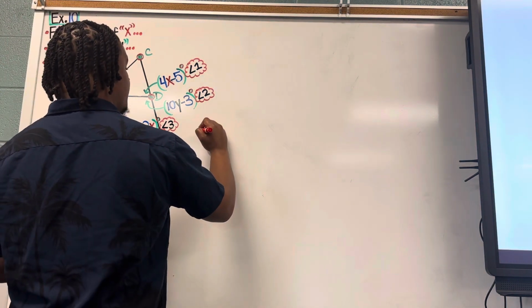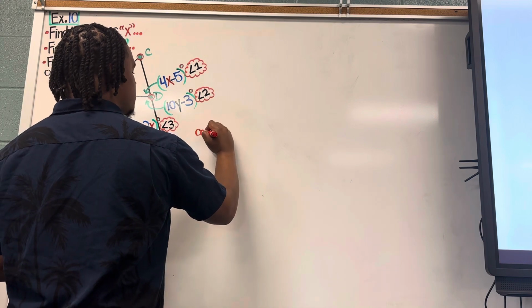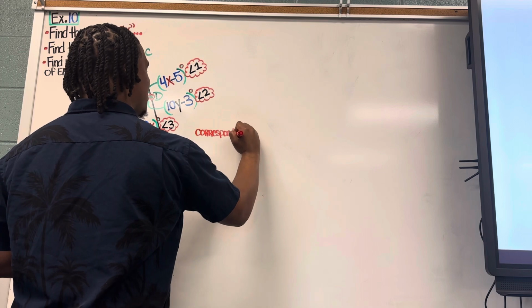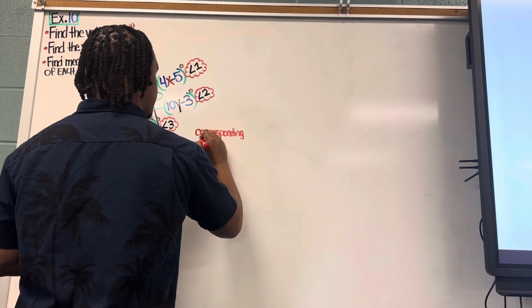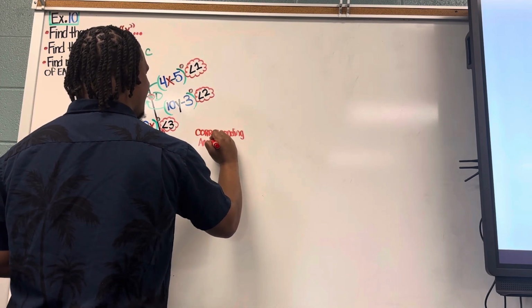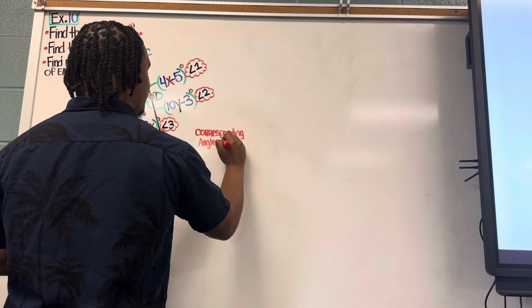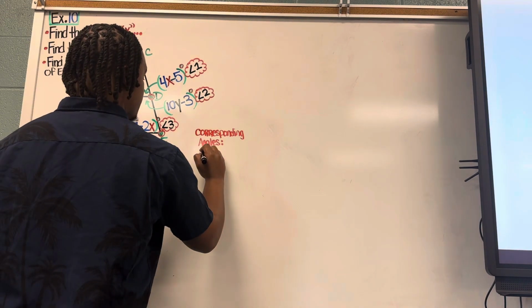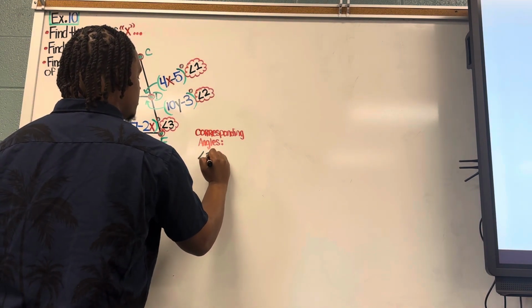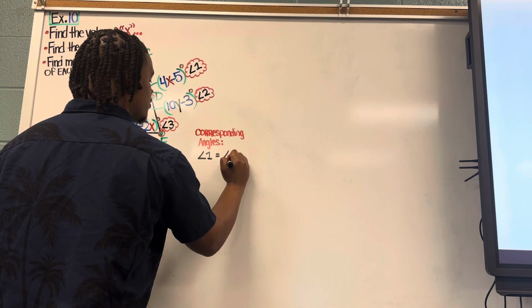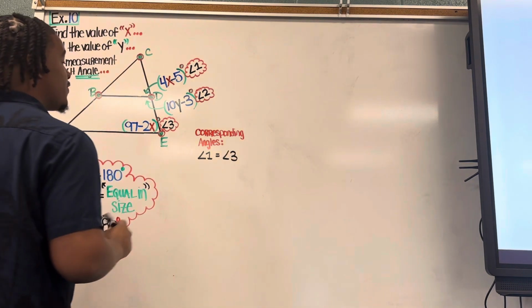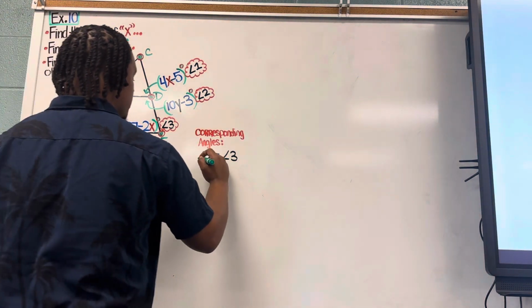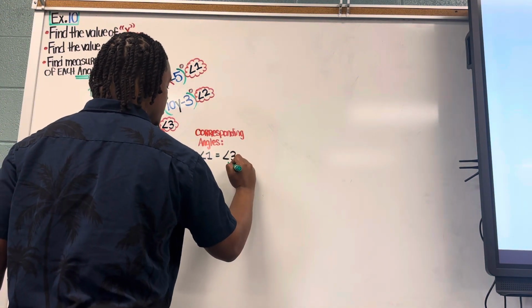So I'm going to go ahead and write this, guys. I'm going to put corresponding angles because I just want to write this note. Corresponding angles is angle 1 and angle 3. So I'm going to put angle 1 equals angle 3. And then from there, guys, I'm going to put the expressions that represent angle 1 and angle 3.